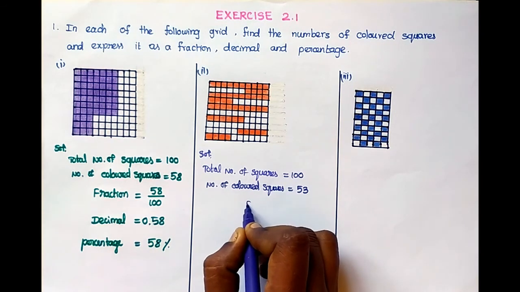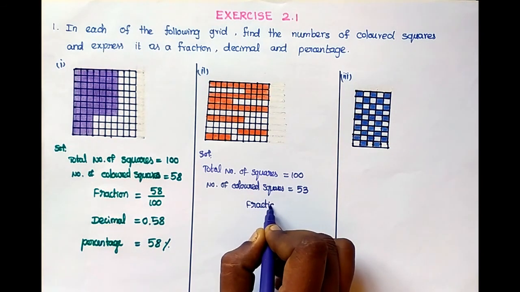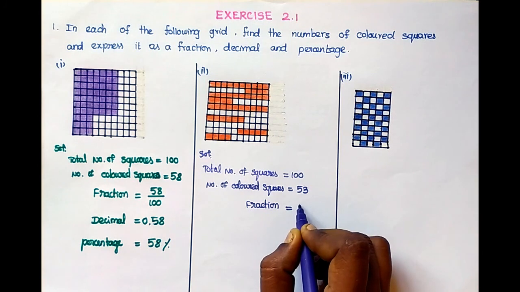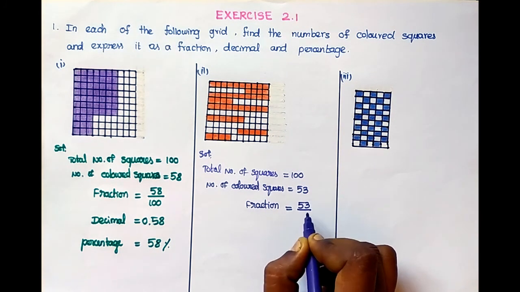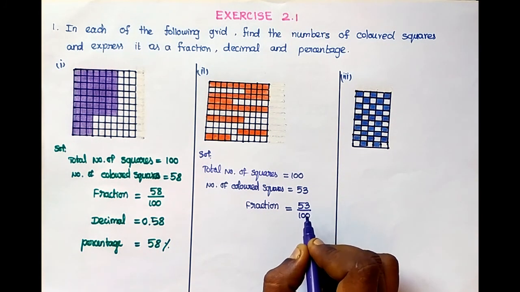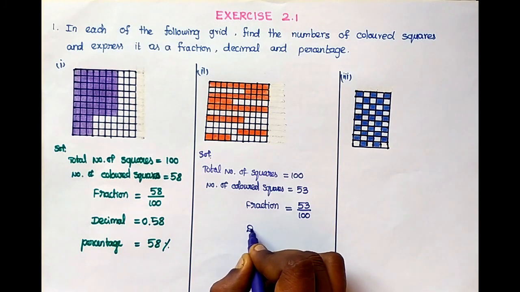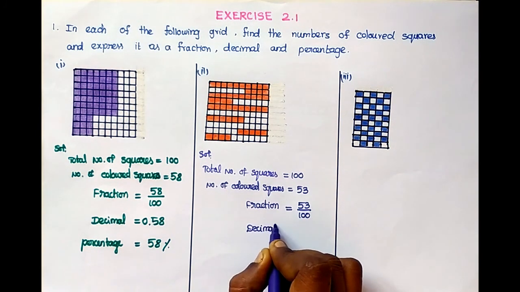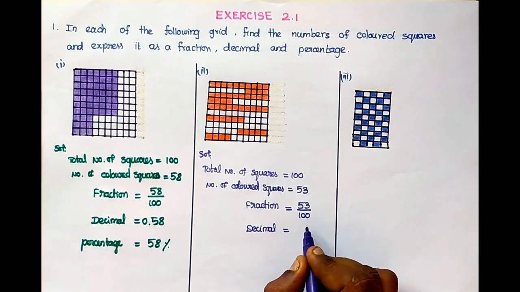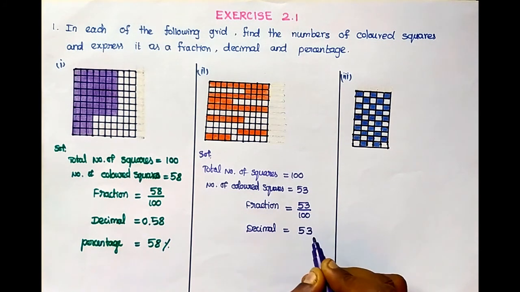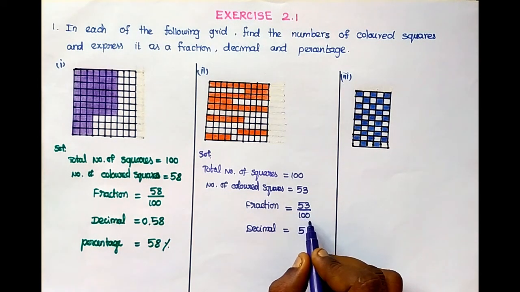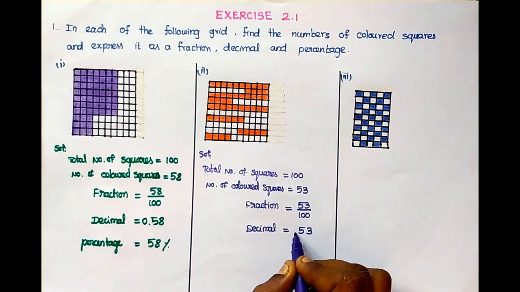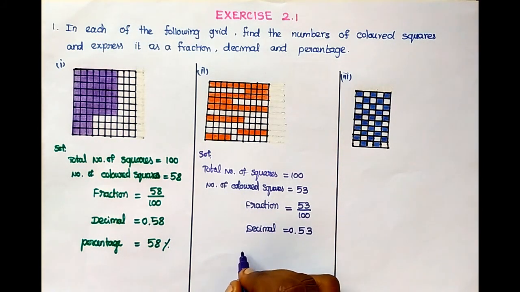Now fraction. Out of 100, 53 were colored, so 53 by 100. Decimal: write the numerator, and in the denominator there are 2 zeros, so 2 digits before we have to keep the point, so 0.53.